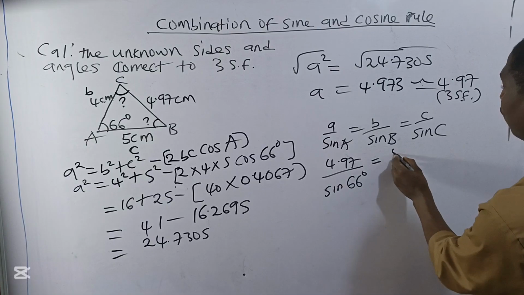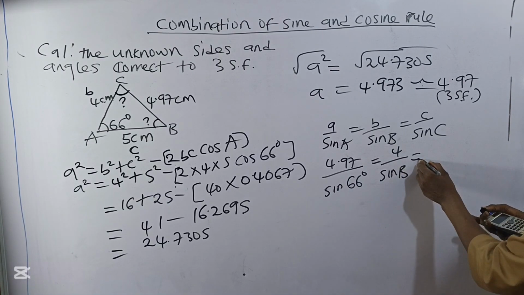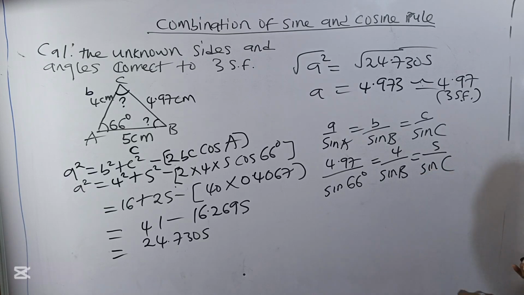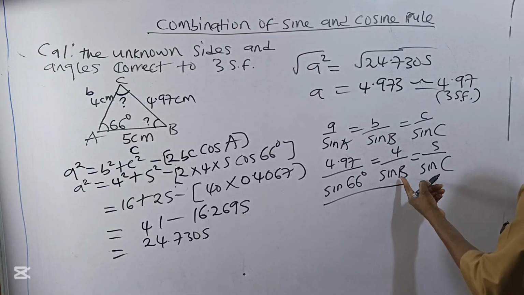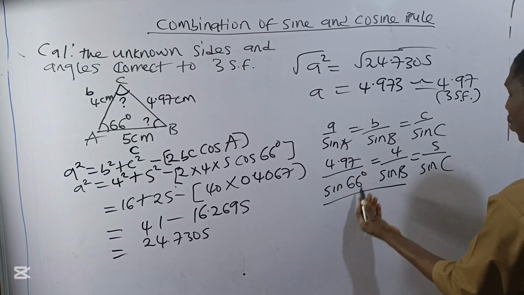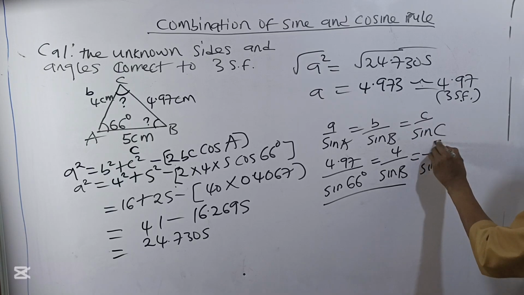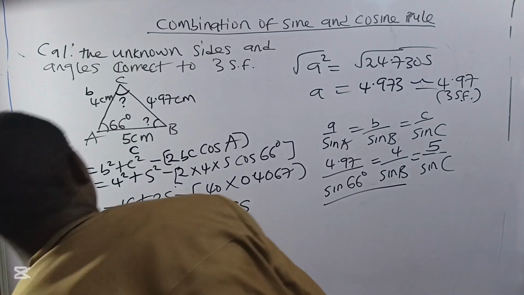My b is 4 over sine, angle B is not known. And my c is 5 over sine, angle C. So you see, if I combine these two, I will get my sine B, since only B is unknown. And if I combine the first fraction and the third fraction, I can easily get angle C. So starting with the first.